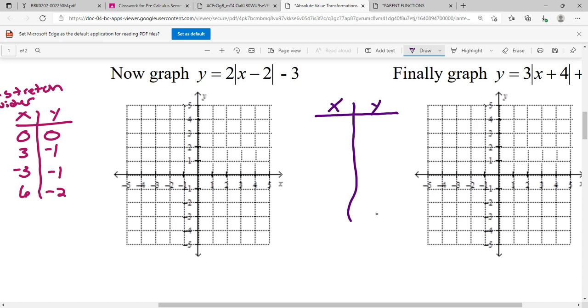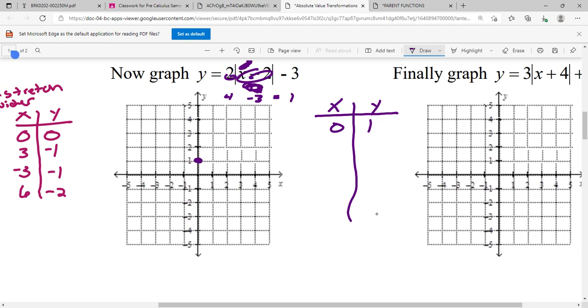If x was 0, we would have 0 minus 2, which would be negative 2. Absolute value of negative 2 is 2, so all this is 2. 2 times 2 is 4. 4 minus 3 equals 1. So if x is 0, y is 1, right there.